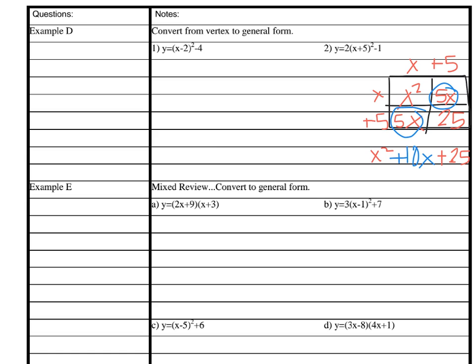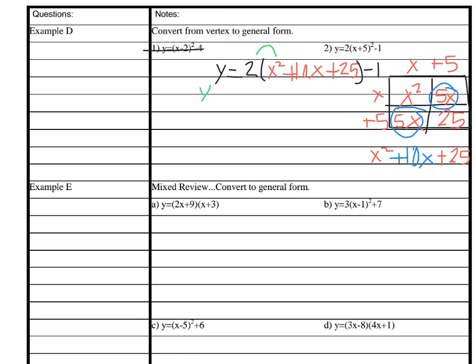Alright, next step is to rewrite the equation. So y equals, we're not doing this one, 2 times what we just got, x squared plus 10x plus 25. And then we still have a minus 1 that we don't want to forget about. Next we distribute.